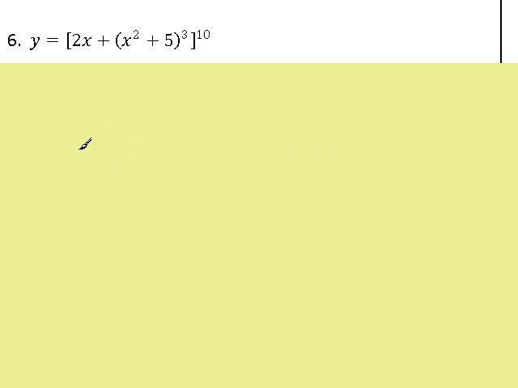Okay, number 6 is a little tricky, so let's follow this carefully. We actually have two chain rules here. Okay, so let's keep in mind the phrase derivative of outside times derivative of inside, and we have to stay focused on what step we're up to. All right, so let's just write down dy dx.